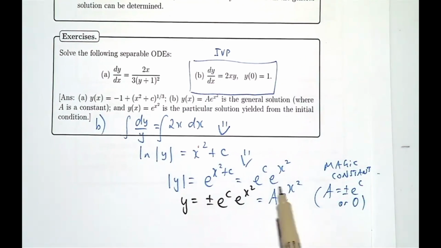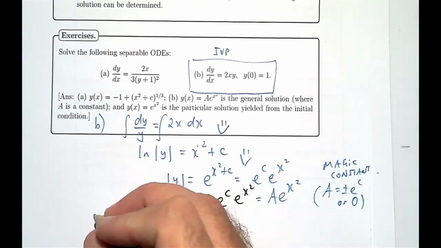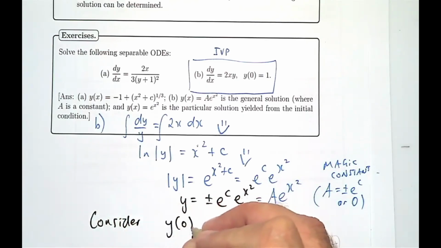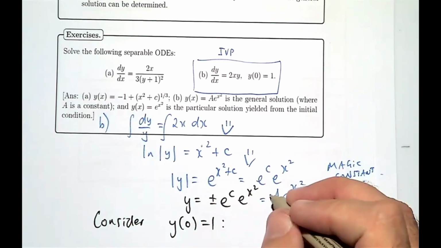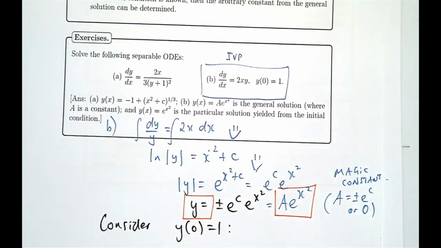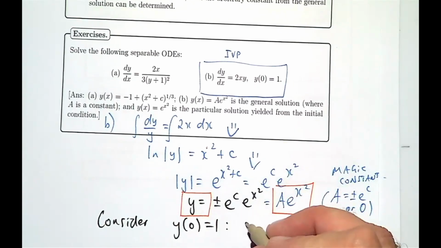All right, so now we want to find this A, whatever it is. So let's go up here. Let me make that a bit clearer. We're going to put in x equals 0, and we're going to set the whole thing equal to 1.